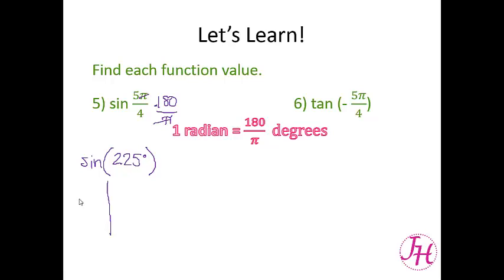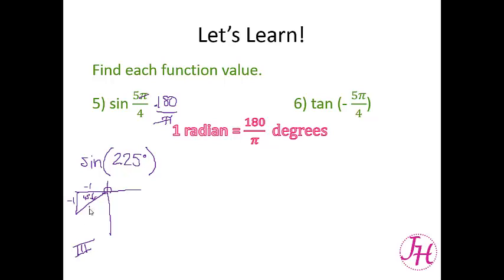Now, if we want to find the exact value, let's take a look at our angle measure. We know that 225 degrees is going to be in quadrant 3. So we draw our angle. And remember, this whole angle is 225 degrees, which makes this angle 45 degrees. Remember, our 45-degree triangle had a 1, which is negative because we're in the third quadrant, and a negative 1 because we're in the third quadrant.